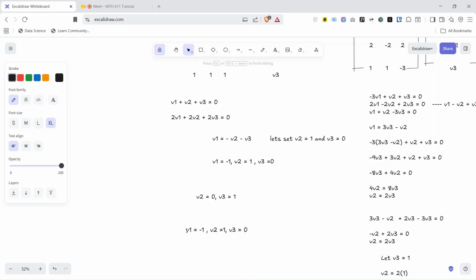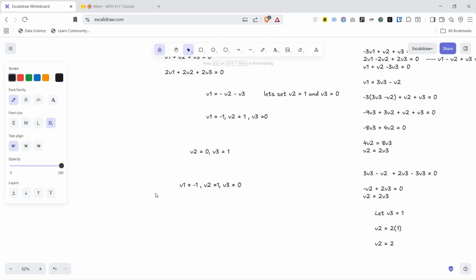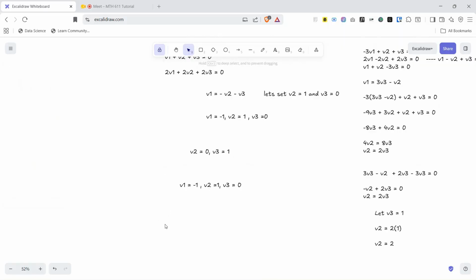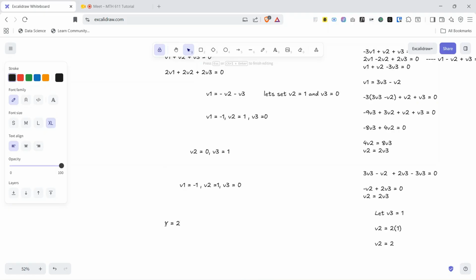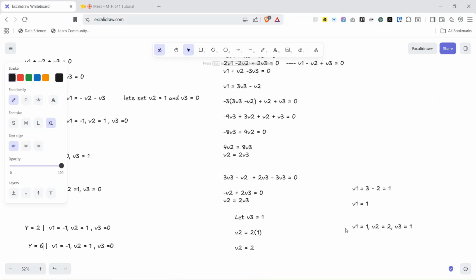So this is when lambda equals 2 for the first one, we have V1 equals minus 1, basically this. When lambda equals 6, we have this.